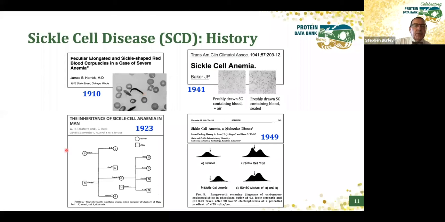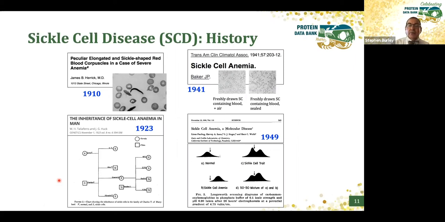In the 1920s, it was determined that this is an autosomal recessive disease in which both parents have to carry the trait, and then there's a 25% chance that the progeny will be affected by the disease, having inherited both copies of the defective gene, whereas there's a 25% chance that the child will not have inherited the defective gene, and a 50% chance that the child will have inherited one copy of the defective gene, meaning that they have what's called sickle trait.